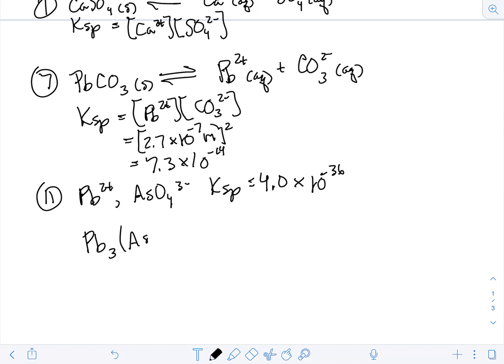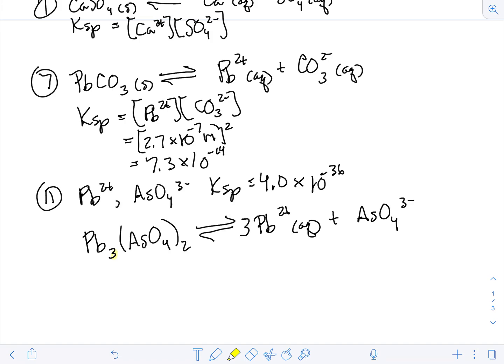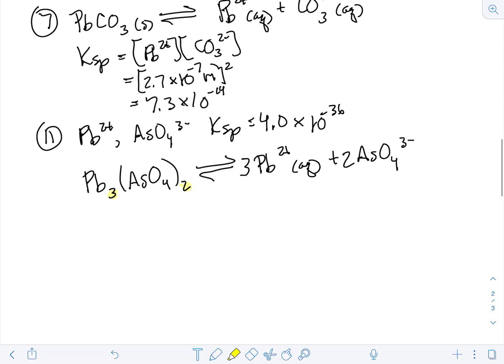Sorry guys, my writing's getting a little messy here. Now I have to put a 3 in front of lead because I have a subscript there, and I have to put a 2 in front of arsenate because of its subscript there.